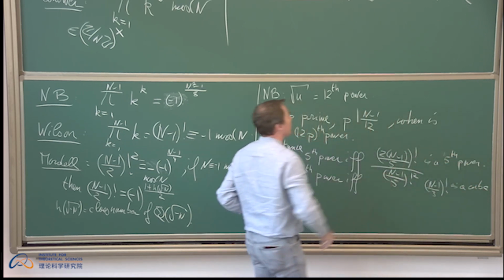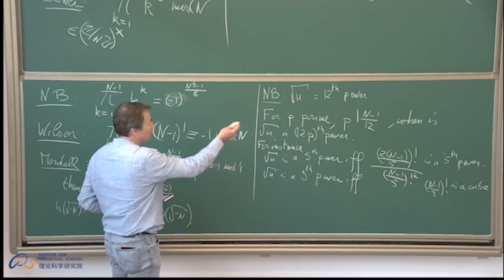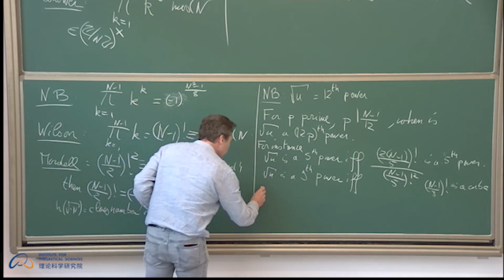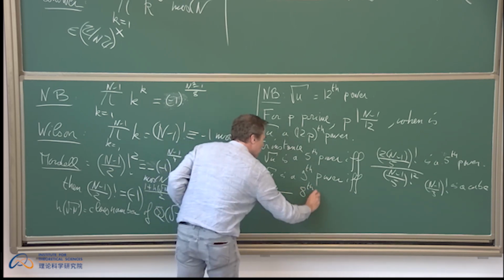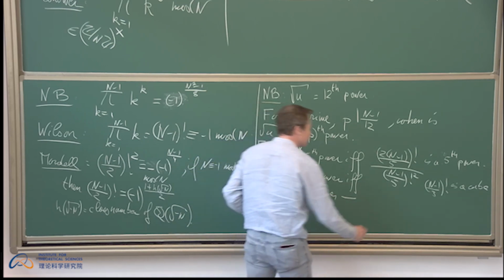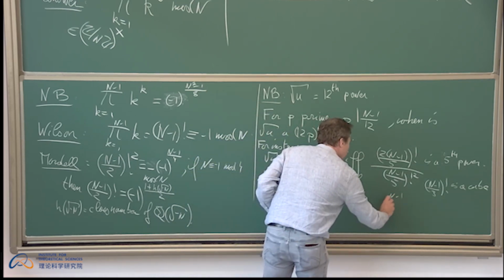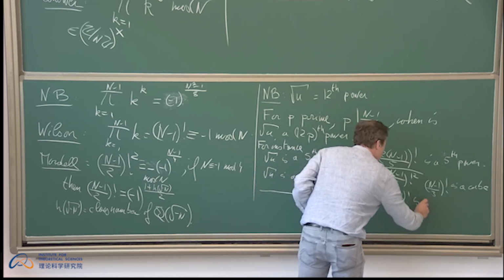So it's always mod n, of course. And then there is a question of whenever it is an 8th power, and the criterion is that the factorial of (n minus 1)/4 is a square.